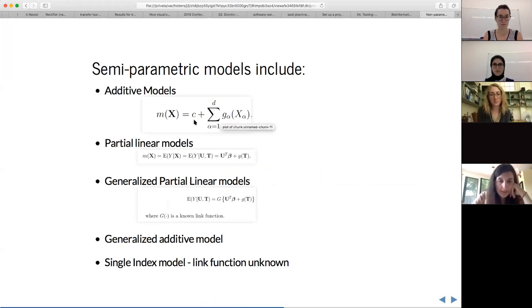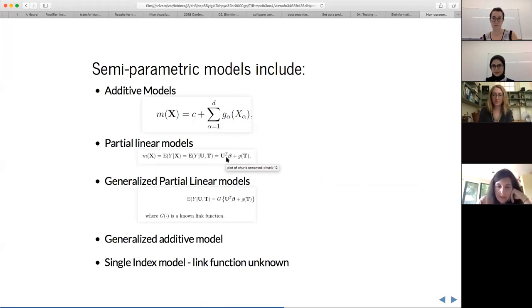So you have a sum of nonlinear fits. In a partial linear model, you are again modeling the conditional expectation, but you are saying that I have a part that is similar to a linear model. So this is your typical X transpose beta in the context of a linear model, plus some nonlinear part. All the nonlinear parts are shown as g of something.